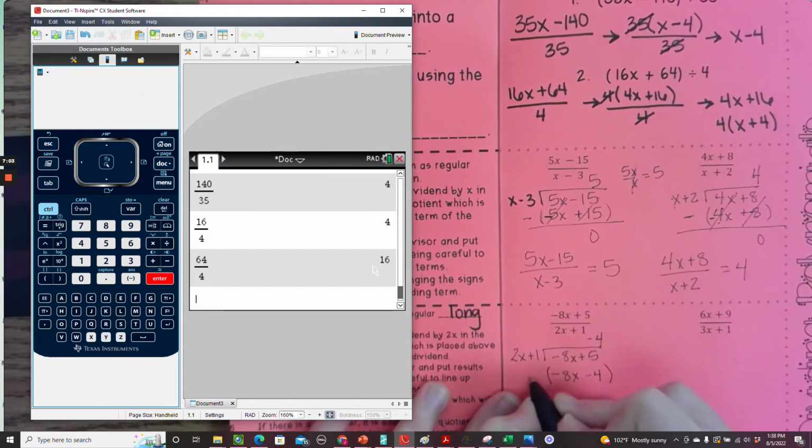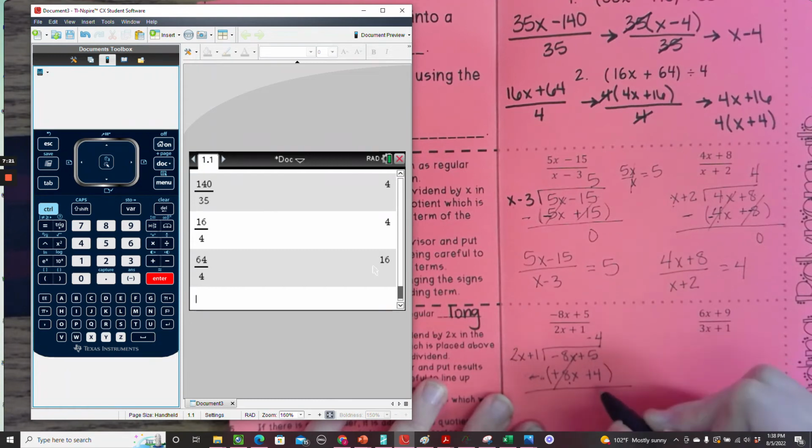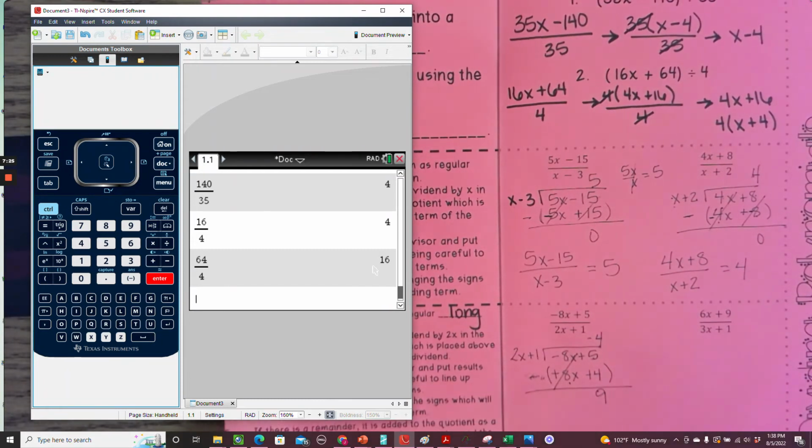Subtract the whole thing, so change signs. Negative 8x becomes positive 8x. Negative 4 becomes positive 4. Once you distribute that negative, you can kind of just forget about it. Negative 8x and positive 8x cancel. 5 plus 4 is a 9. So here's how you write the remainder.